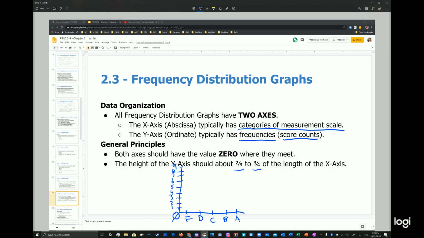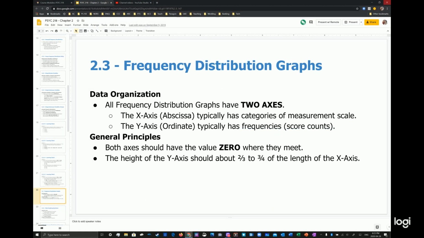So again, you would not want one that is too high like this, nor would you want one that is too low. The general guidelines would be 2/3, so this is 1, 2, 3, or 3/4, where you have 1, 2, 3, 4. These are the ones you want. These are the ones you don't want for the height of the y-axis.